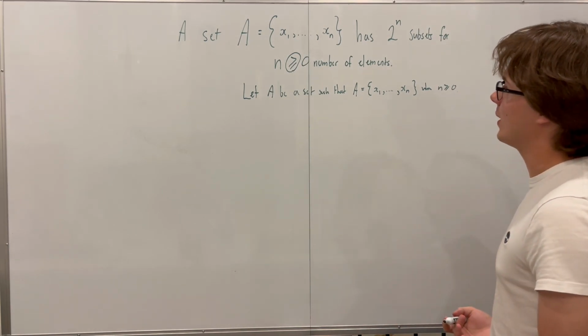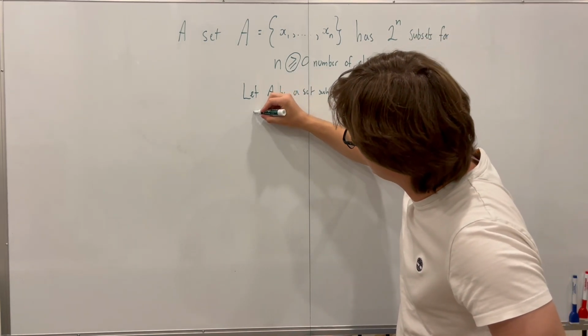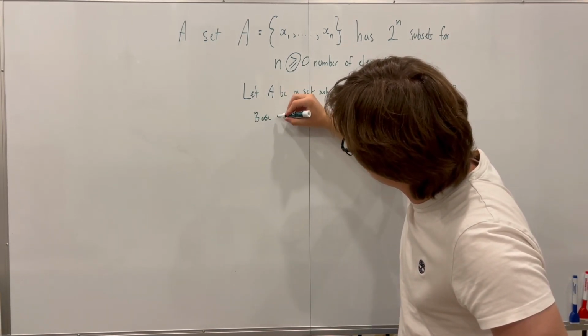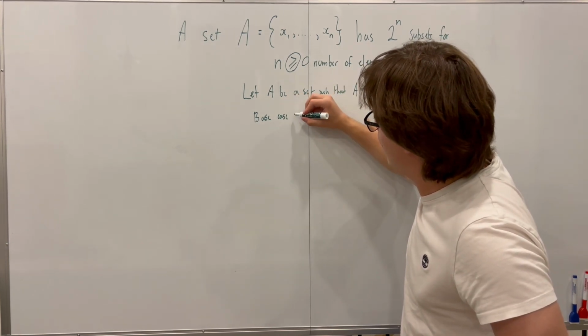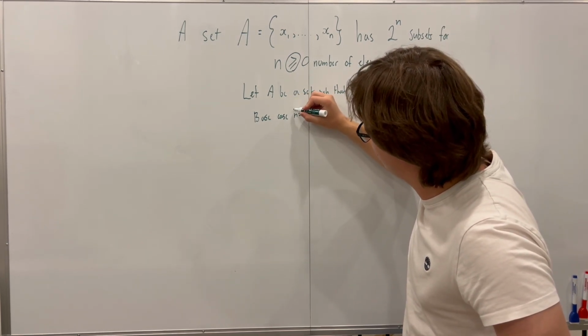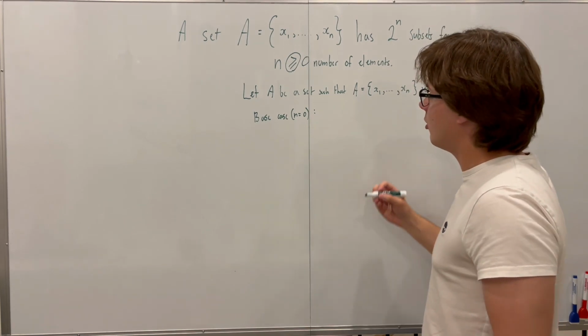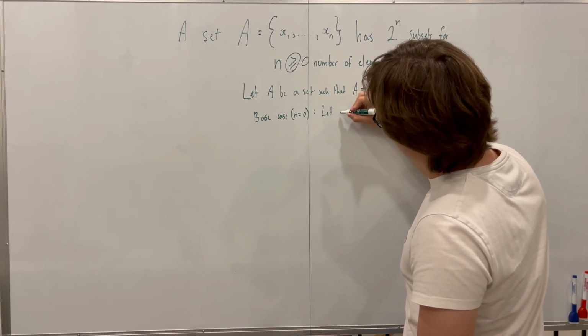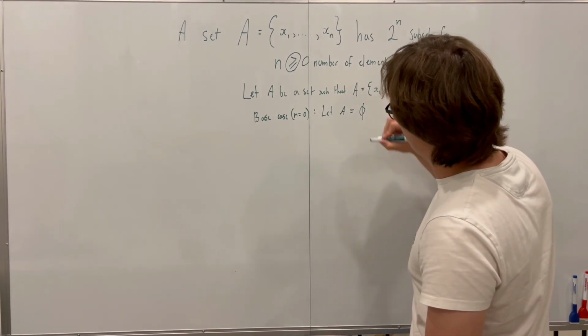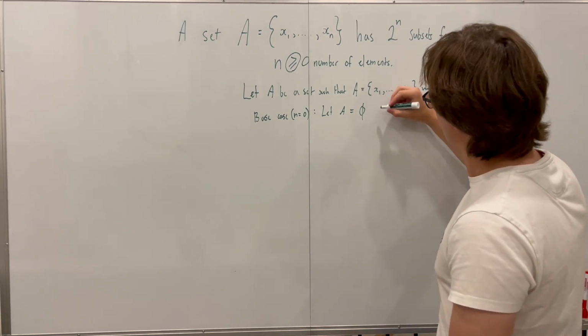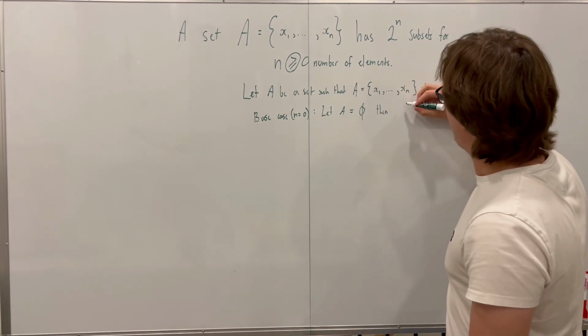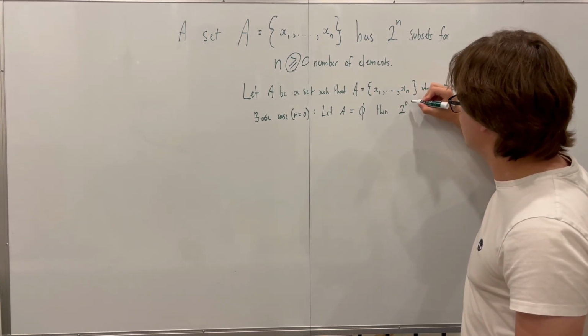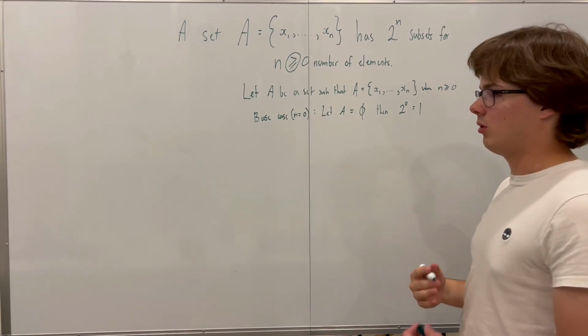What is the base case going to be? Well, the base case is going to be when n is equal to 0, or in other words, when the set is empty. So we say, let A equal the empty set. Then we have 2 to the power of 0 is going to equal 1.